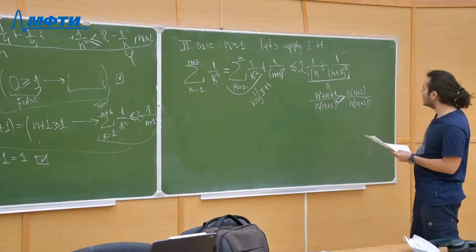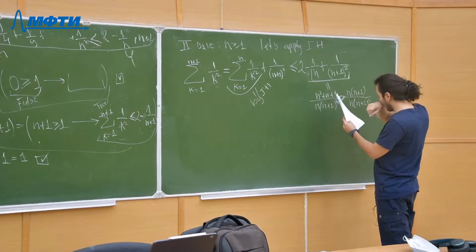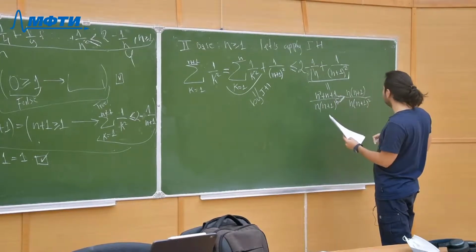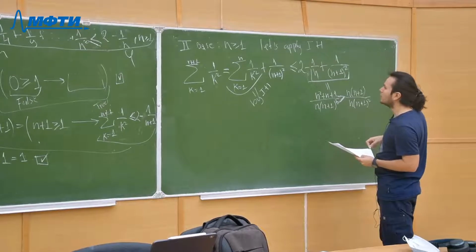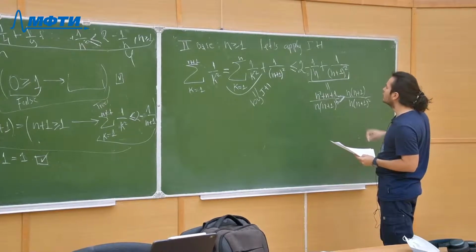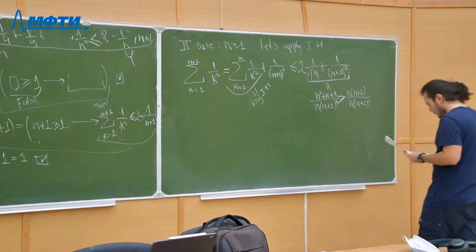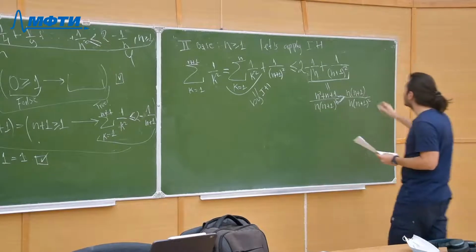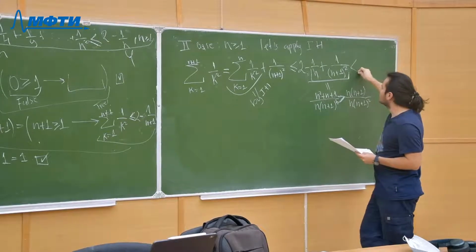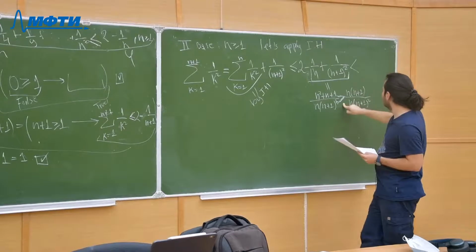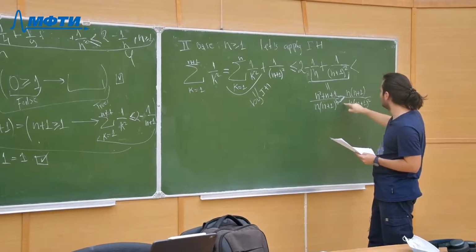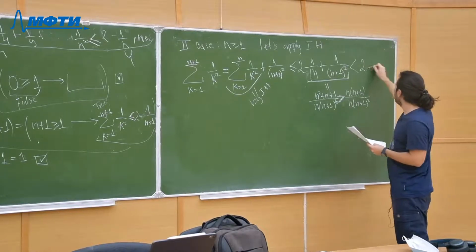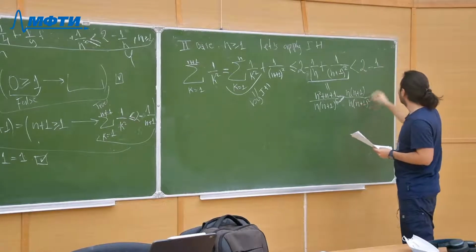It means that this is at most 2 minus 1 over n plus 1.